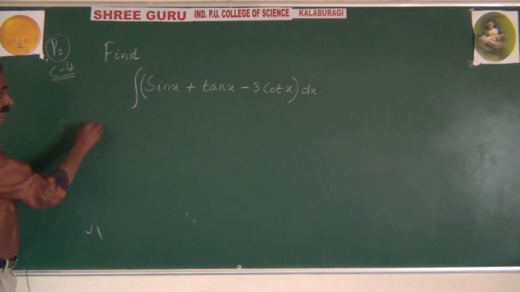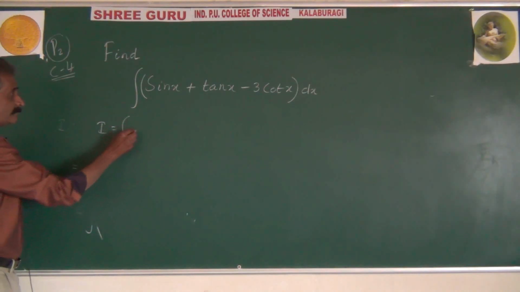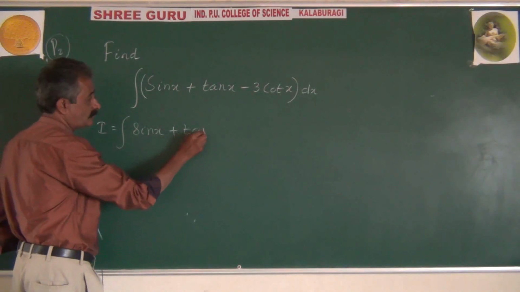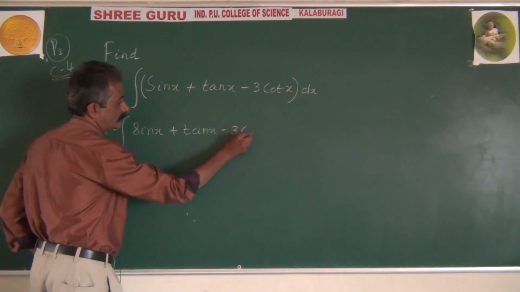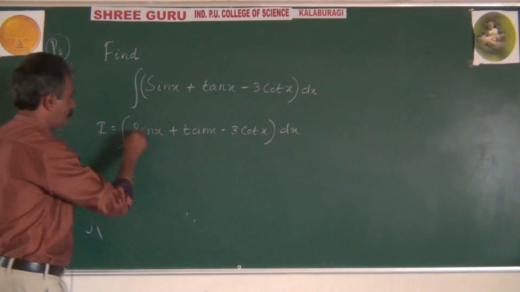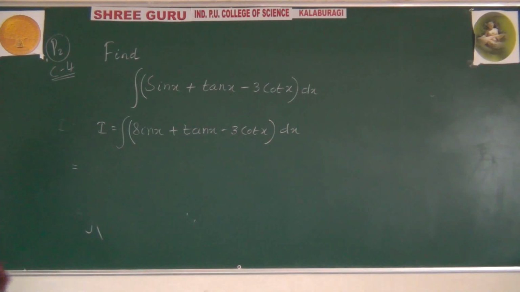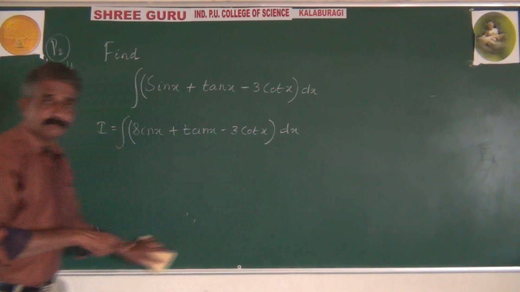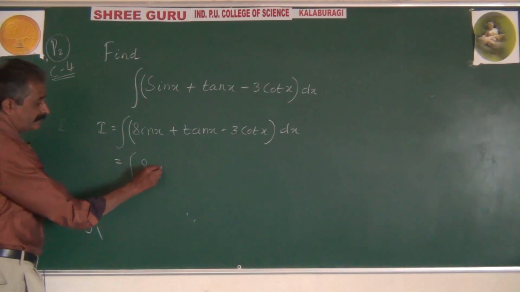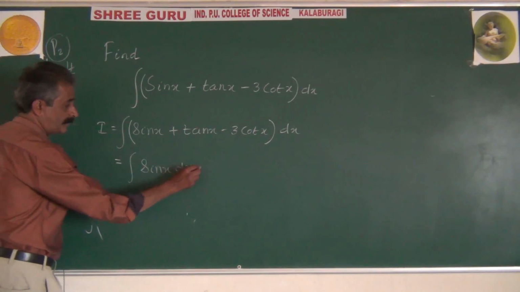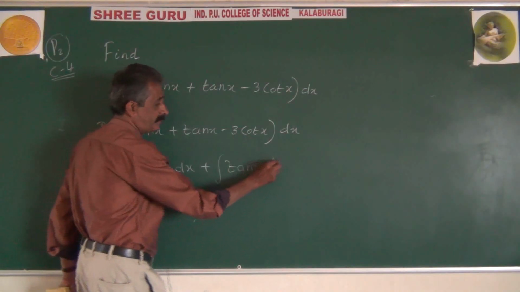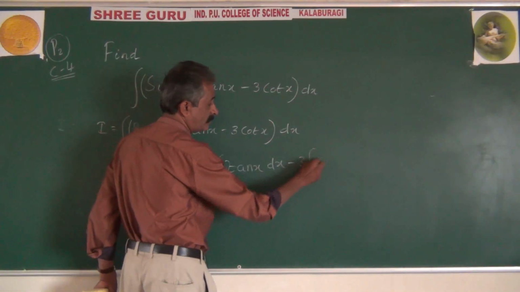First step, let I equal to integration of sin x plus tan x minus 3 into cot x. Now we can apply some rule of integration on making the integration: first term, integration of sin x, plus integration of tan x, minus 3 into integration of cot x dx.